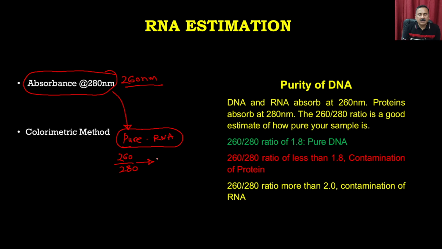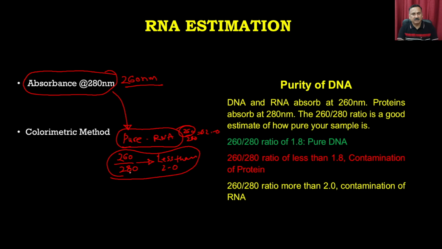If it is a pure RNA, the 260 by 280 would be around 2, because RNA absorbs very strongly at 260 nanometer. But if it has protein contamination, then the level will be less than 2, and that's how you can know the purity of the RNA.